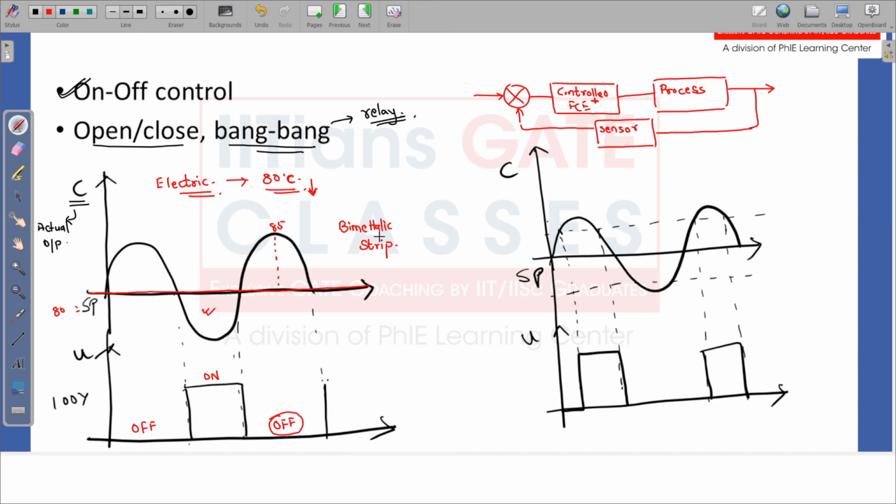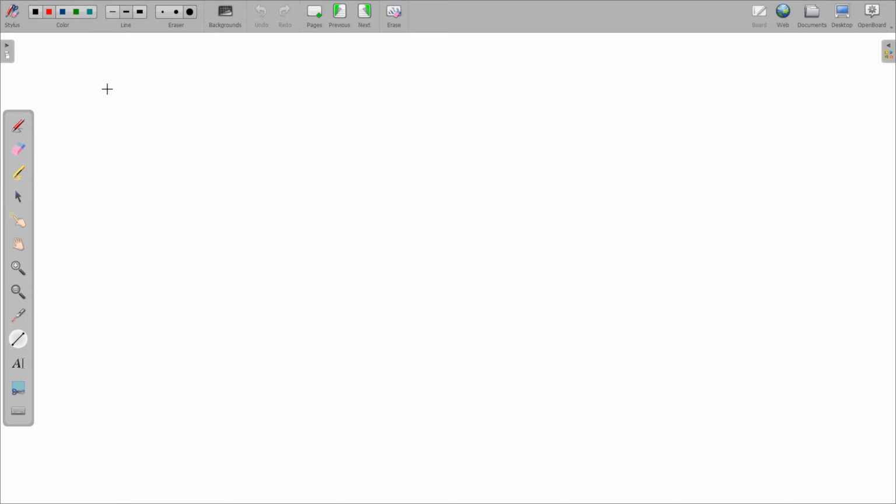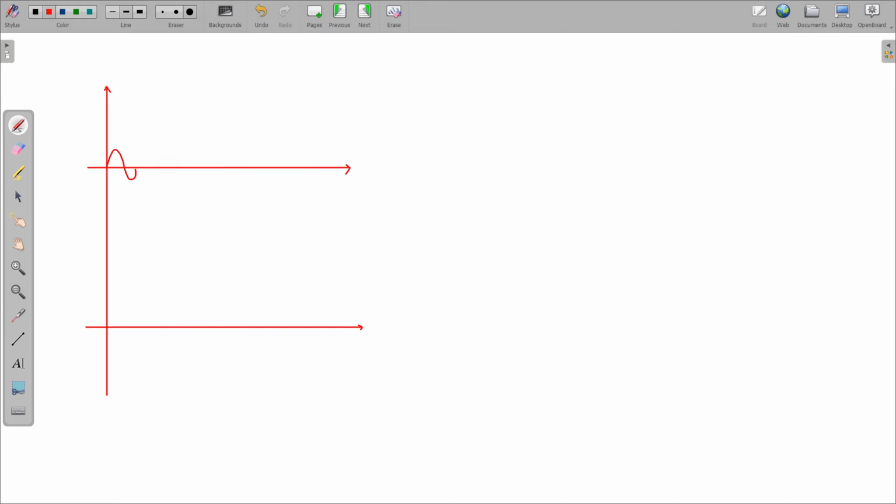Let me draw one more diagram. Suppose I have a process where your controlled variable C is like this.